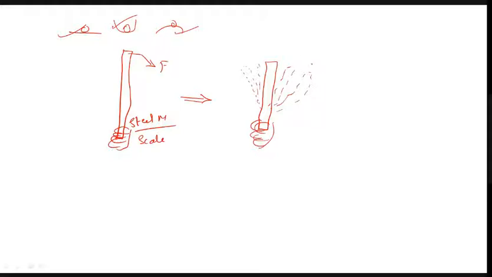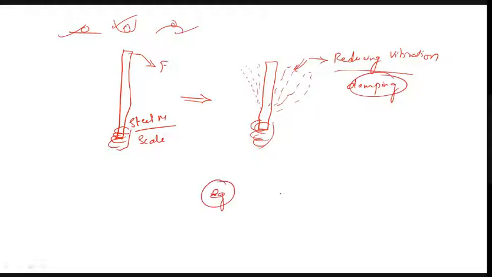When I bring another object near to it, I will disturb this vibration. When I disturb this vibration, I am reducing the vibration. This is nothing but what we call damping, or reducing the vibration.